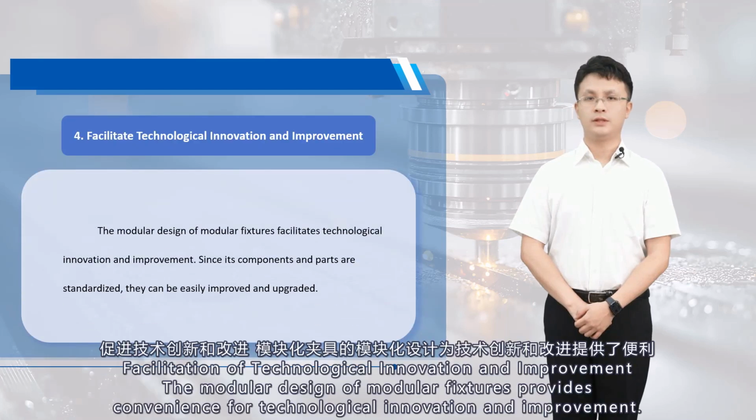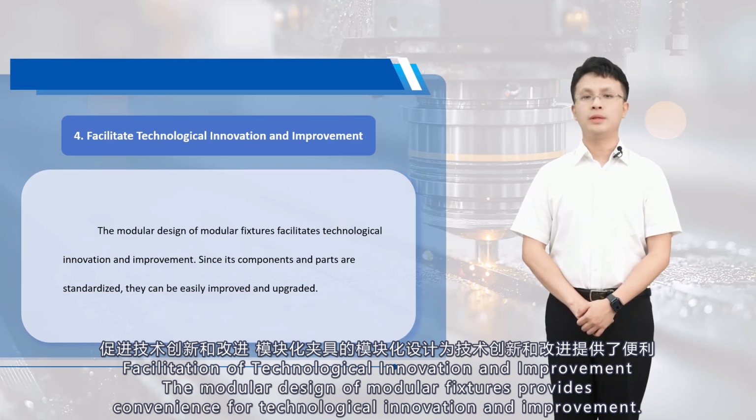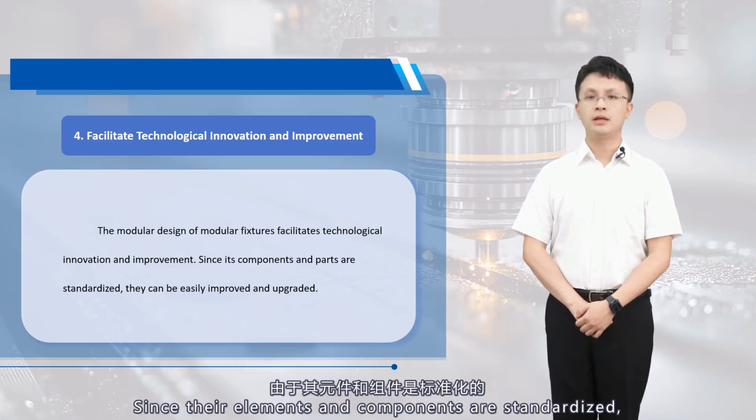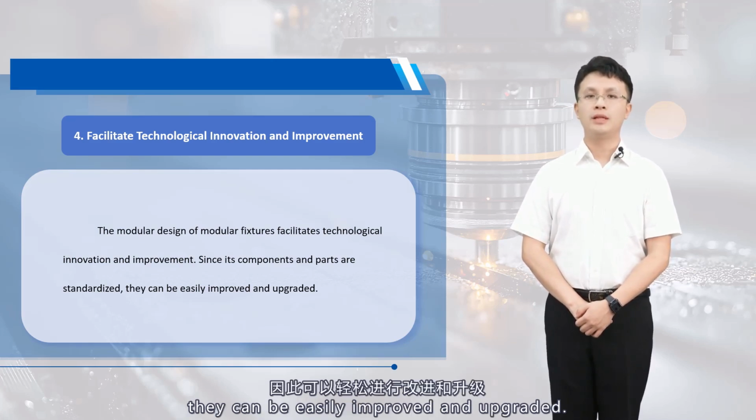4. Facilitation of technological innovation and improvement. The modular design of modular fixtures provides convenience for technological innovation and improvement. Since their elements and components are standardized, they can be easily improved and upgraded.